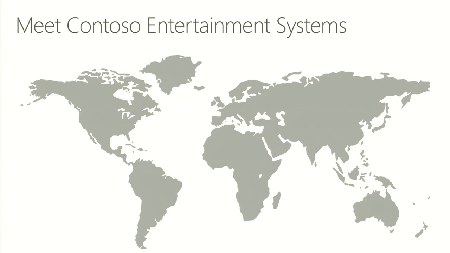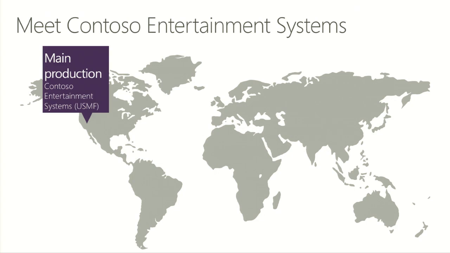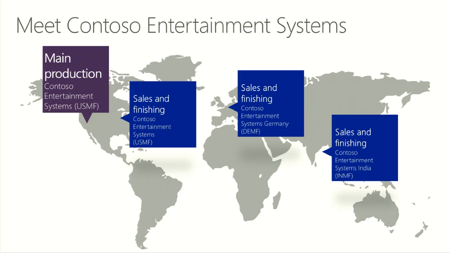We have this end-to-end scenario that we set up. We have a main production in the US that produces some of the critical components that we need in this scenario. And then we have sales and finishing all over the world. That scenario is probably something that most of you know, that you have activities that go on in more than one country.